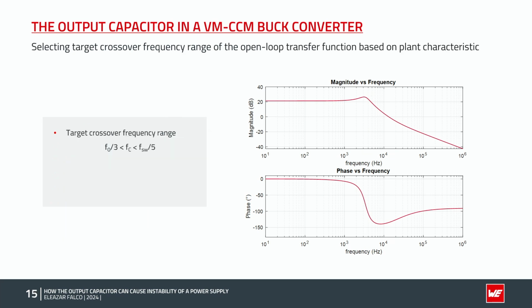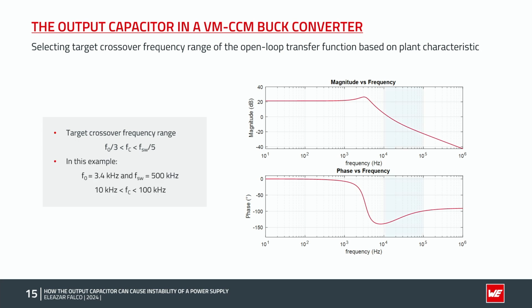Now we have seen so far how the output capacitor parameters affect the ESR0 and resonant double pole over a wide frequency range. But the frequency range of interest is that around the crossover frequency of the open loop transfer function, which is where stability will be determined. For a voltage mode buck converter in CCM, it is recommended as a rule of thumb to select the crossover frequency higher than 3 times the double pole frequency, and at the same time lower than 1/5 of the switching frequency.